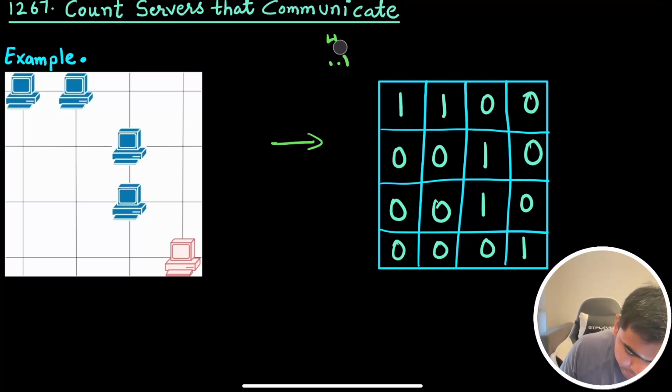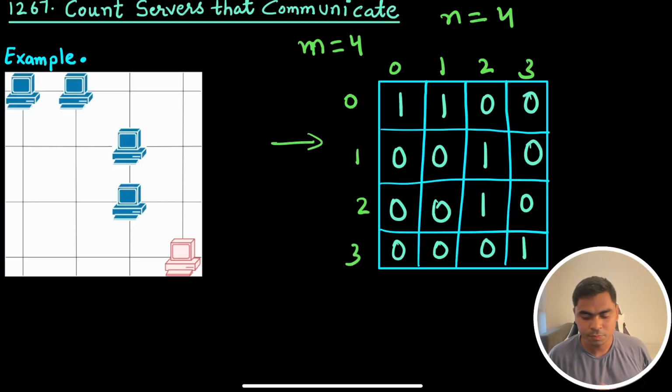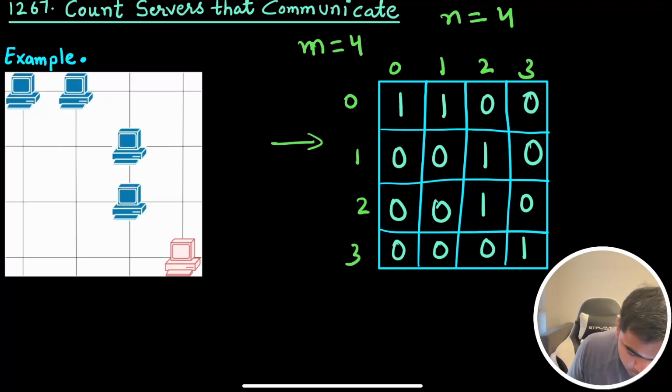So I would write it like this: 0, 1, 2, 3, these are the columns, so n equals 4, and then 0, 1, 2, 3, so m equals 4 also. So this is 4 cross 4. Now there are 2 servers in the first row, 1 server in the second row, 1 server in the third row, and 1 server in the fourth row.